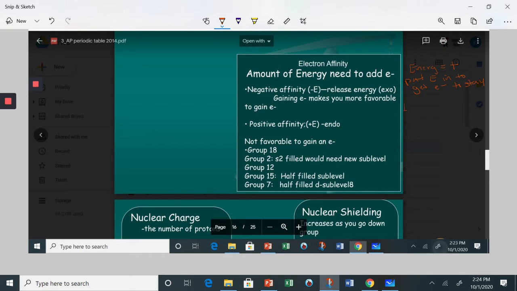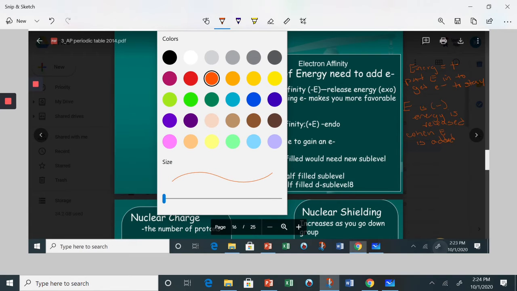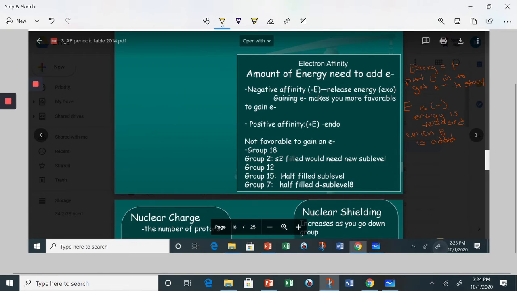If your E is negative, energy is released when an electron is added. So really what that's saying is the change does this: the change makes the atom unhappy. This here, the change makes the atom, if we want to personalize it, happy.